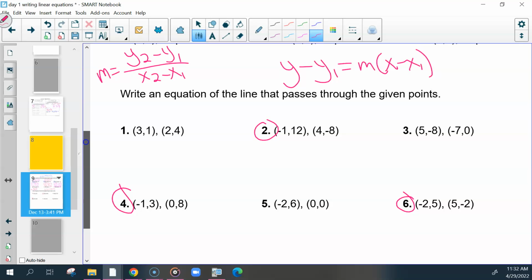Writing both formulas so you have them: how we find our slope and our point slope formula once again. For these, we are now given 2 points, so we have to find our slope before we can put it in point slope formula.